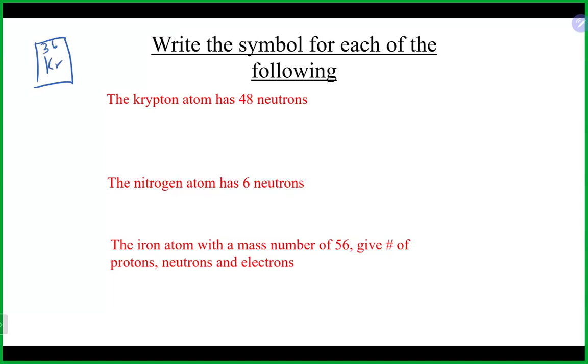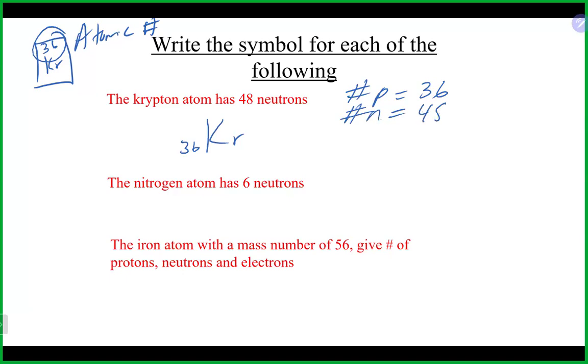So that 36 is important because that tells us our atomic number, which is also our number of protons. So we would have our Kr, and we would put our 36 down there. Once again, that is our atomic number, which tells us our number of protons is 36. We are given the number of neutrons here, which is 48.